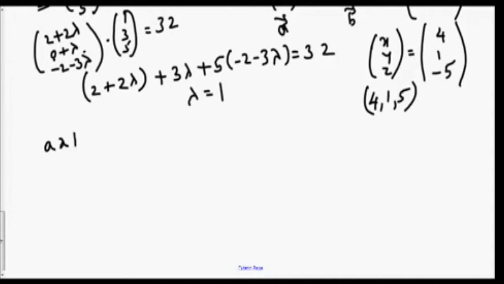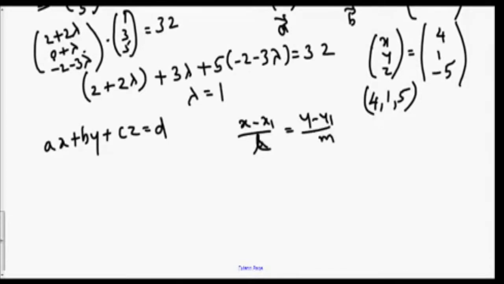Say if the plane is given in the Cartesian form like this, and the line is given in Cartesian or any other form, you can actually change this to parametric form. X is equal to x1 plus lambda, right, or Lt. Let me use t, it's easier.